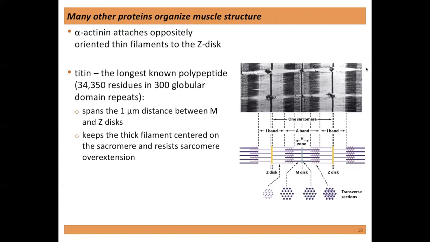But there are many other proteins in here. Don't worry too much about these. Just understand that it's more than just actin and myosin. You've got alpha actinin that attaches oppositely oriented thin filaments to the Z disc. So there's another protein that attaches the actin to the disc. There is the largest protein known, titin, and it actually has 300 globular domains.